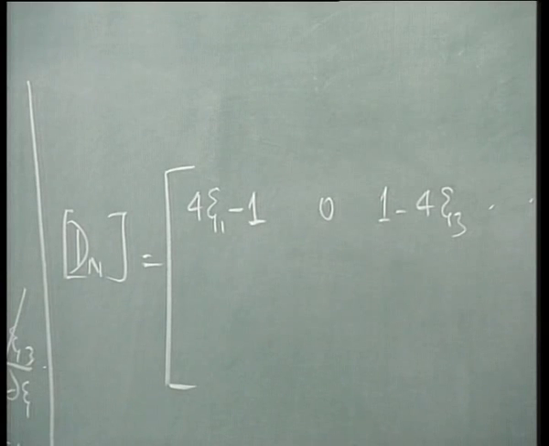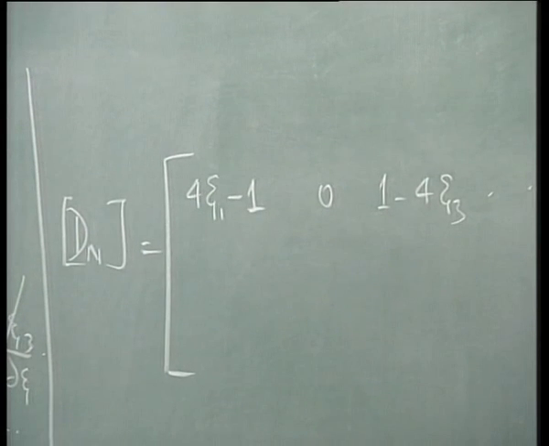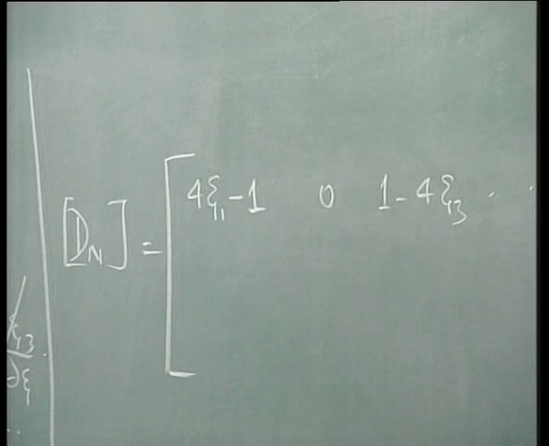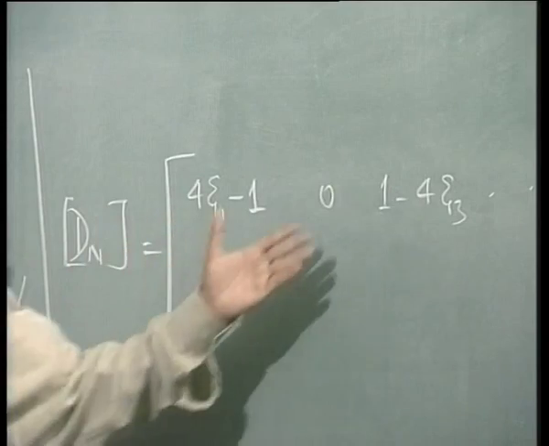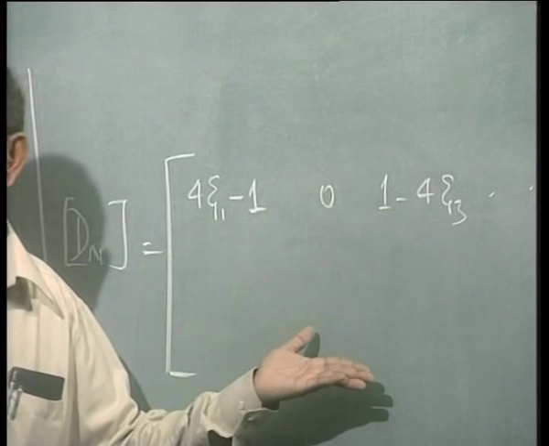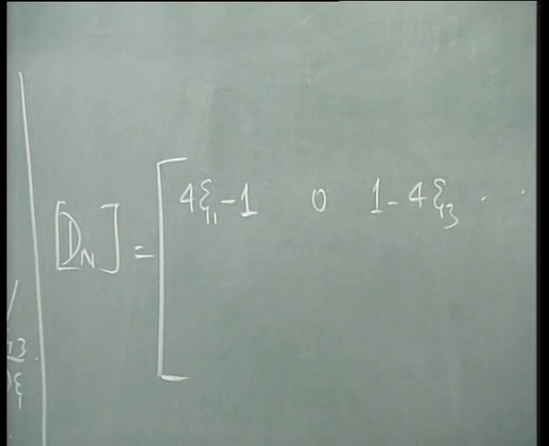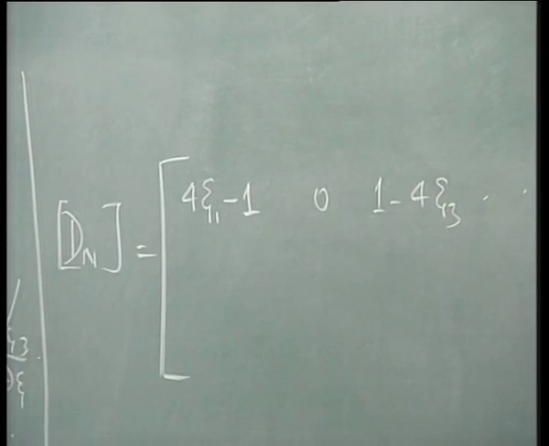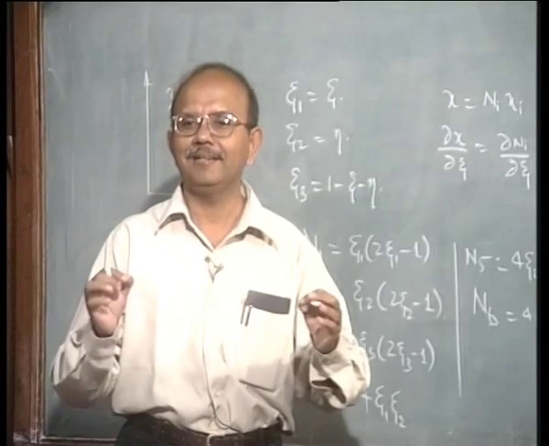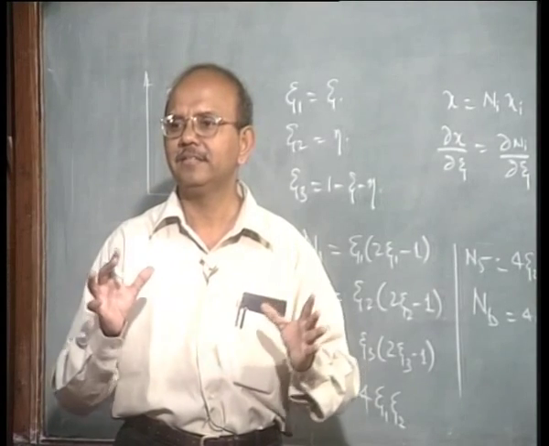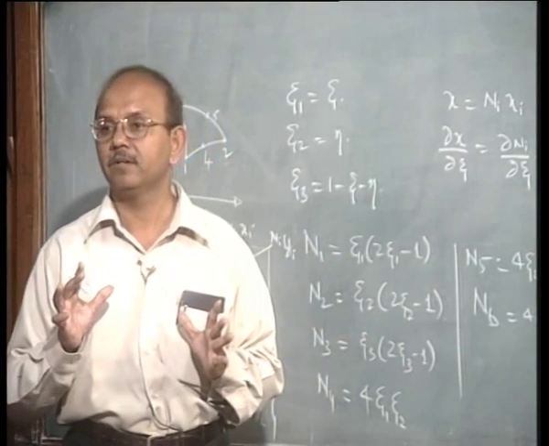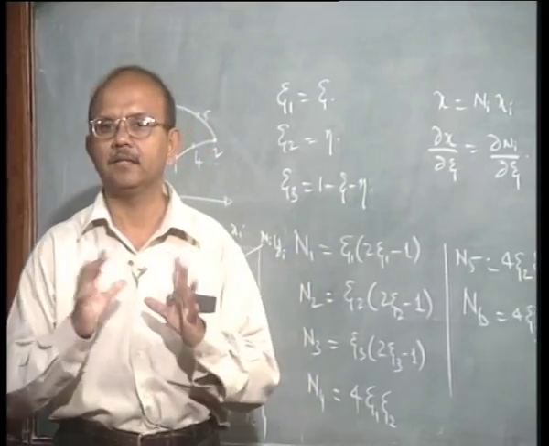Is it clear? Okay. In other words, what is it that we do? Now we find out psi 1, psi 2, psi 3. So this now becomes a function of psi 1, psi 2, psi 3 and so on. Now what do you do? You substitute this in k and then do the integration, right, area integral straight away.